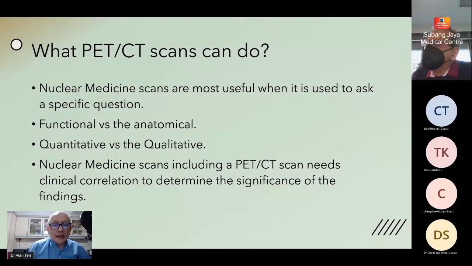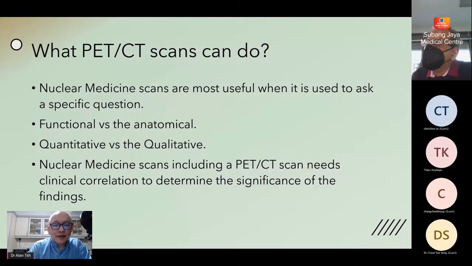PET scans have come a long way, and I remember decades ago when they first started, our patients did not have access to PET scans. It was not even available in Singapore, but they'd go all the way to Hong Kong, where it cost an arm and a leg. If I remember, it cost around 10K back in those days.